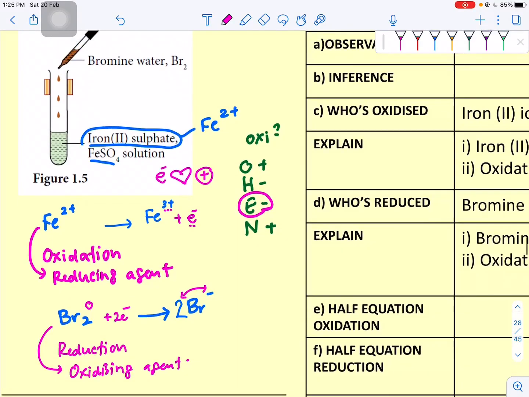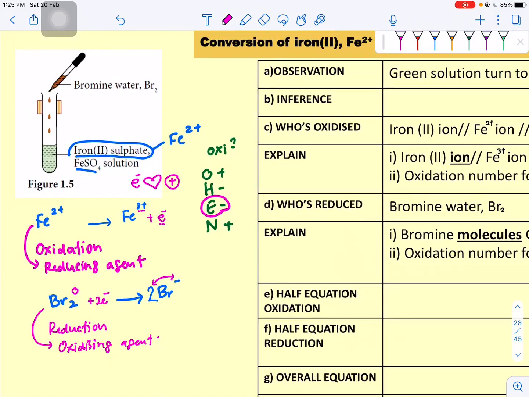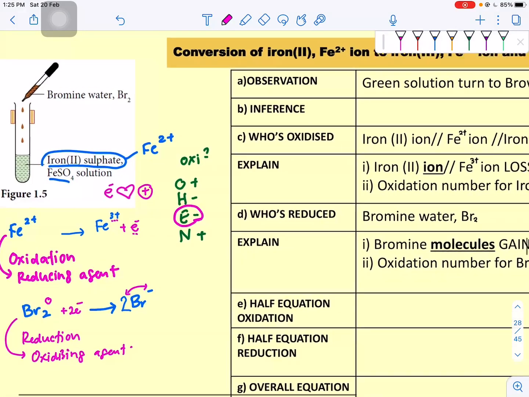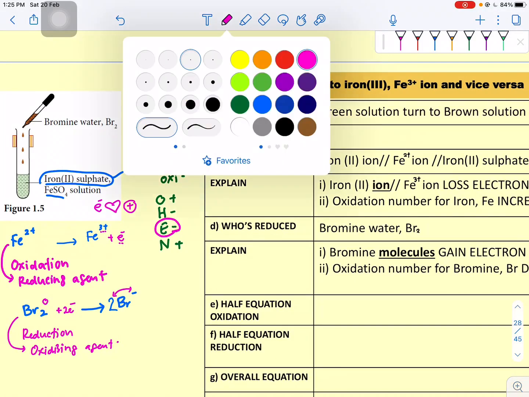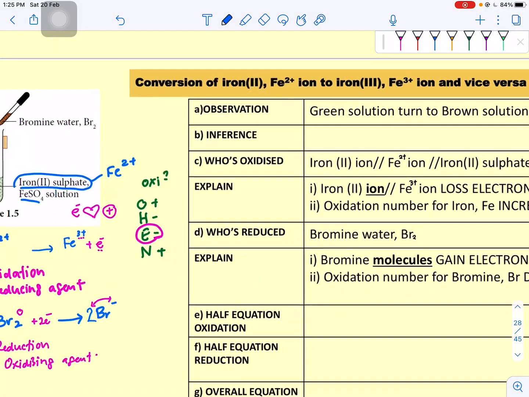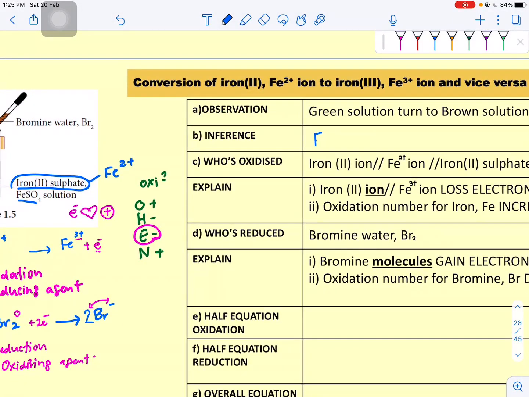So after I settle doing my half equation and evaluation on the diagram, I will look at the question. Okay, state the observation. The observation says green solution turns to brown. Why green? Green because just now we have iron 2 ion. This is your previous knowledge from the topic salt. Because iron 2 ion is the green one. What is the brown one? The brown one is iron 3. So what happened?